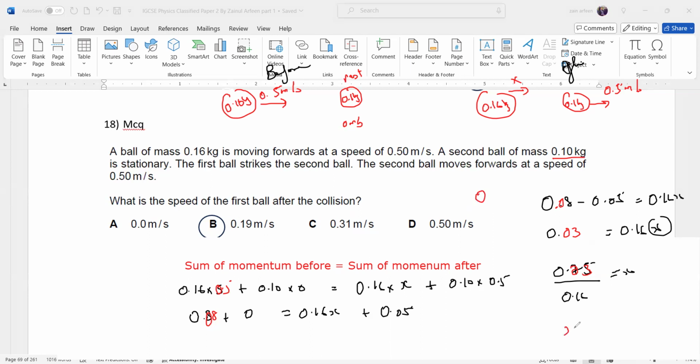The value of x is actually 0.1875, which is about 0.19. So B will be the right answer.